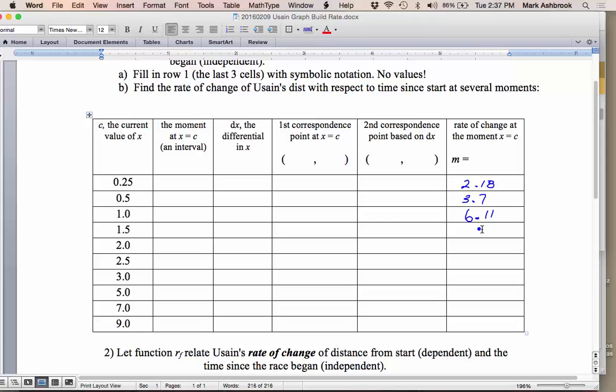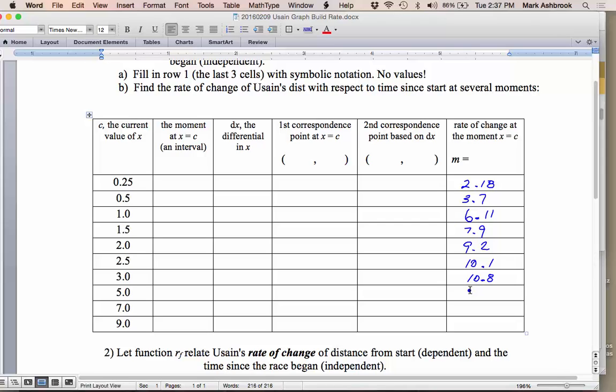Anybody get 1.5? Nice and loud. 7.9, thank you. Anyone get 2? 9.2. 2.5: 10.1. And we just did 3. What was 3? 10.8. Anyone get 5?